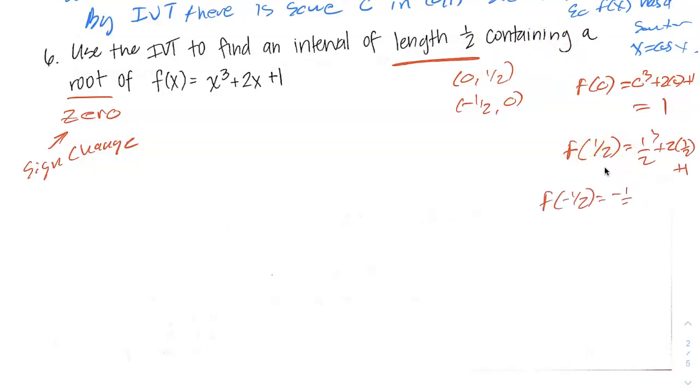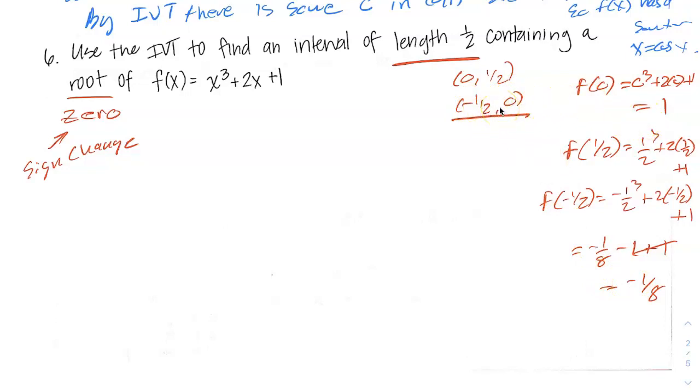I get (-1/2) cubed plus 2 times -1/2 plus 1. I get -1/8 minus 1 plus 1, so -1/8. So this one would work. F of -1/2 gets me -1/8, and f of 0 gets me 1. So that's my interval, that's length 1/2.